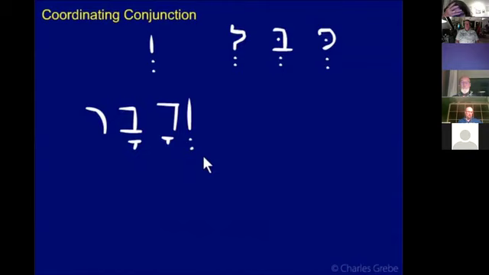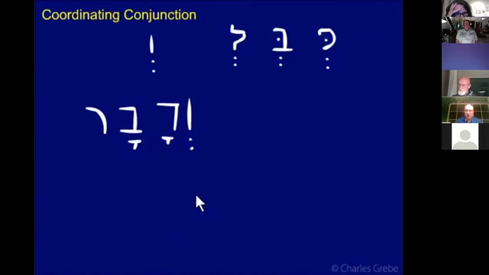Any vowel, remember, even the tiniest vowel, this vocal shava, is enough to scare away the dagesh lene. The dagesh lene is in here because this is a begat kefat letter. You can go back to the previous modules if you've forgotten about that. So davar becomes v'davar. Just add it on. So that's how it's similar.